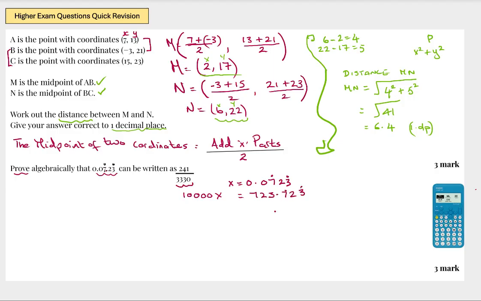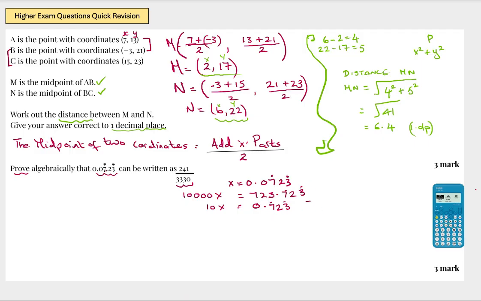So if you pop that into the calculator, you'll get an answer like this. But I've still got recurring decimals. I can't do anything with that. So what I'm now going to do is I'm going to times this with 10, which will give me 0.723 recurring. So now I know I can cancel them out.